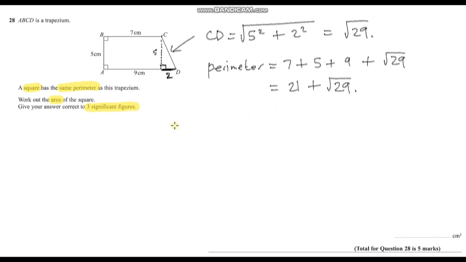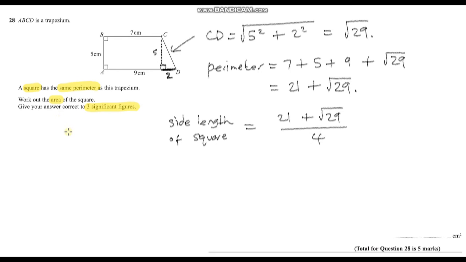So the square, if we think about the length of a square, so let's just write this down. Side length of square. Well, we know it has the same perimeter, so we just need to divide this by 4. So it's going to be 21 plus the square root of 29 over 4. Because each length is the same.